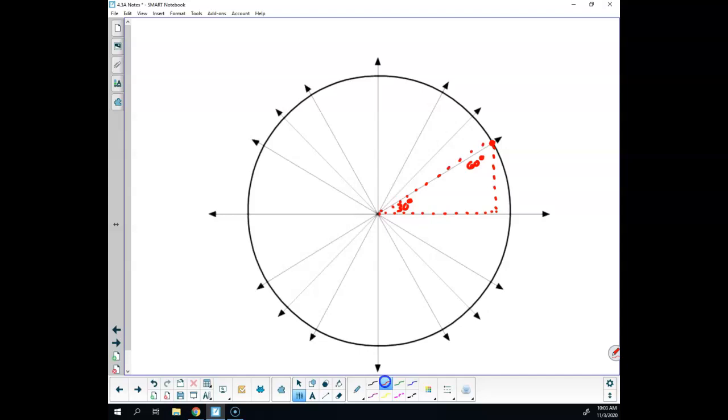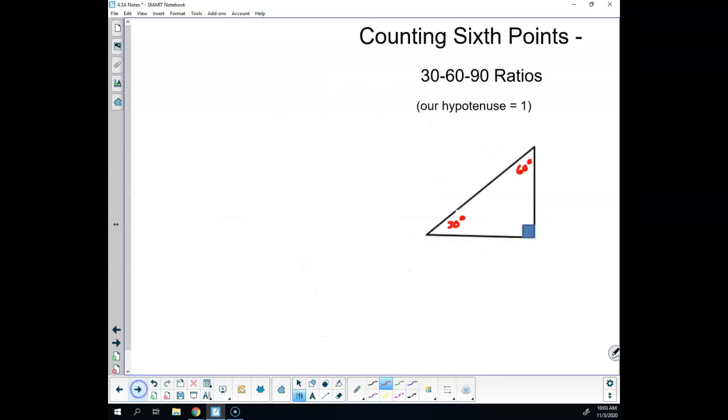So that's our 30, 60, 90 triangle. So we have a special right triangle to go along with that. We should have learned it a while ago.